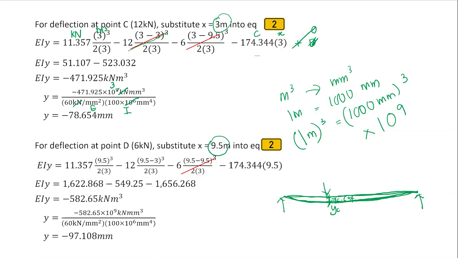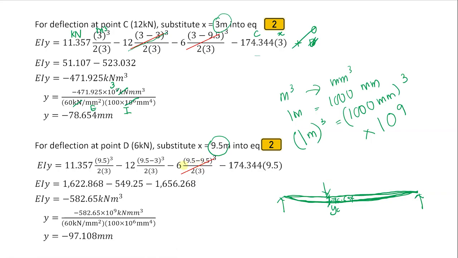And for point D, we know that X adalah 9.5, right? And gantikan lagi sama je cara macam mana you kira untuk point C. It's just that X adalah sama dengan 9.5. Replace everything. So since 9.5 minus 9.5 here, dia akan jadi value kosong kan. 9.5 tolak 9.5 adalah sama dengan kosong kat sini.